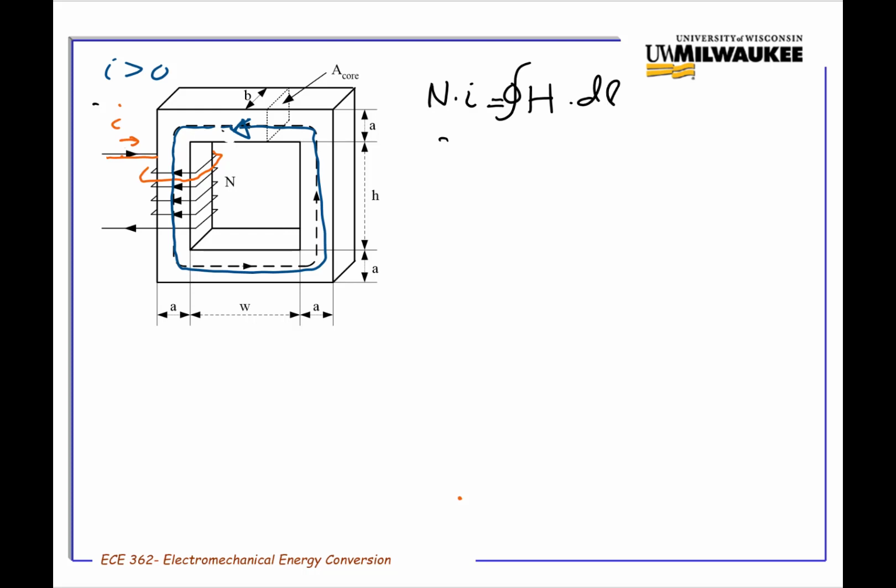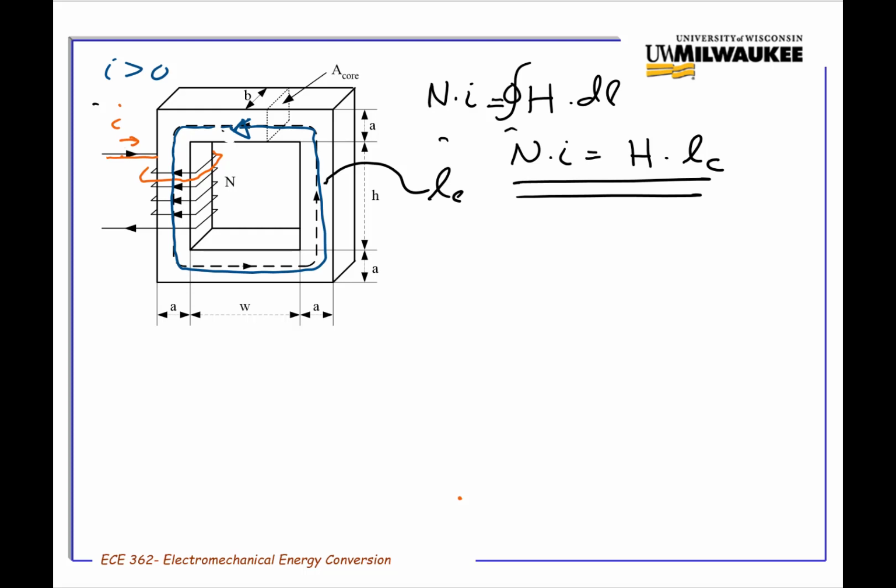And the line that we're talking about is this single line. That's what we were calling LC. It would be the line in the middle of this core. So N times I ends up being H times whatever LC is.